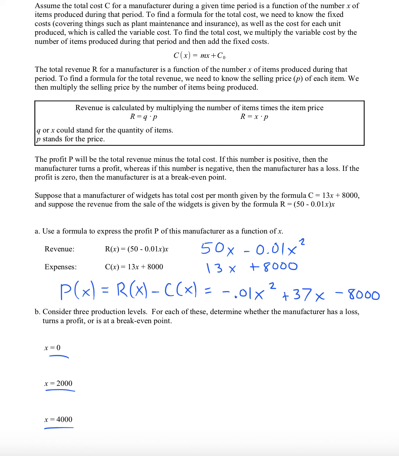Let's see what would happen if they made no items at all. We would let the input of our function be a 0, and we would plug in that 0 everywhere we see an x in the formula.